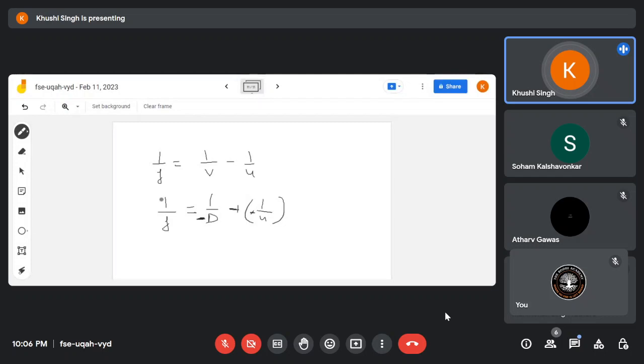What remains? Minus 1. So minus 1, right, plus D by U. Now I am sending my minus 1 to the left hand side. So it will become D by U is equal to D by f plus 1.